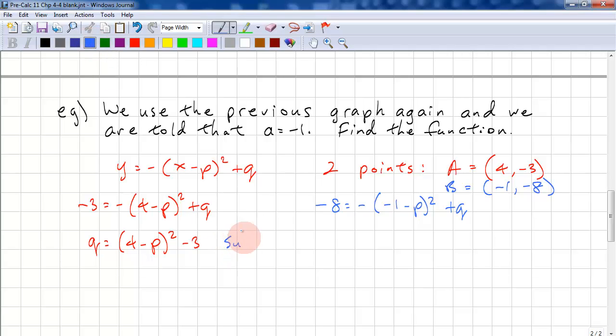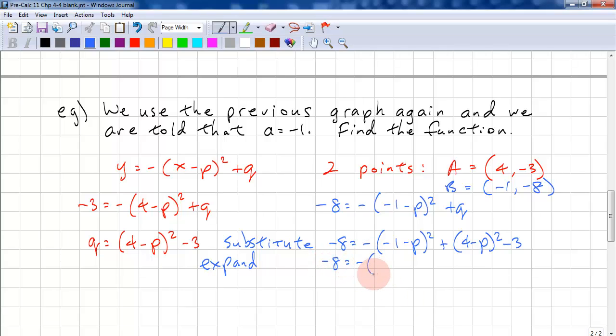Now we substitute into this equation. So we have -8 equals -(-1 minus p) squared plus q, and we're substituting this, (4 minus p) squared minus 3. Now we expand. -8 equals minus, and you should learn to FOIL these things in your head.